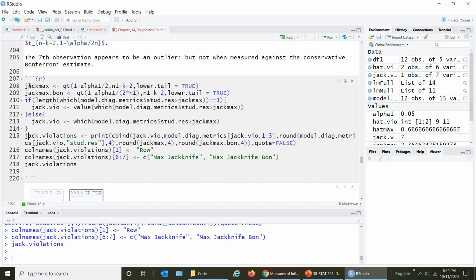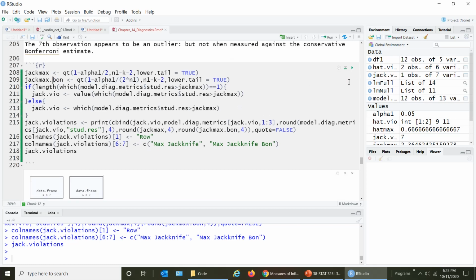Here I have set up and looked for that cutoff value of t for n minus k minus 2. Then I changed alpha from 1 minus alpha over 2 to 1 minus alpha over 2 times n, and that's the Bonferroni.